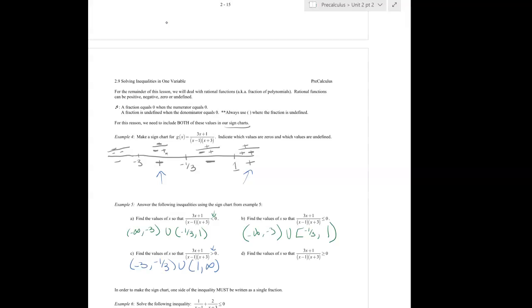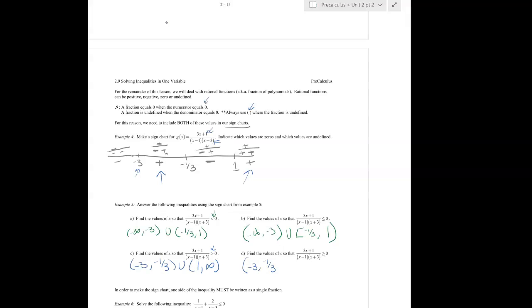All right, and then find where the function is greater than or equal to 0. So I still have negative 3 to negative 1/3. But now I have to be careful which one I'm including. This negative 3 came from my denominator, which would say that it's going to make that undefined. Undefined, we always use parentheses for. And then that negative 1/3 came from my numerator.